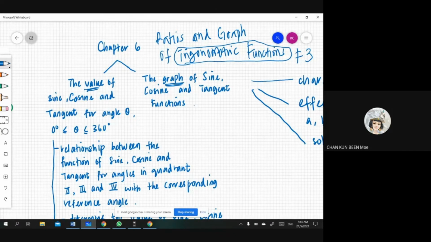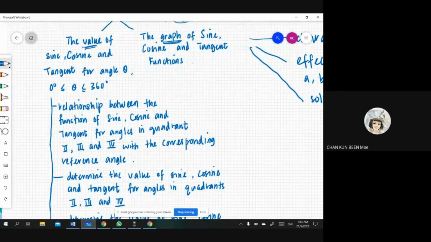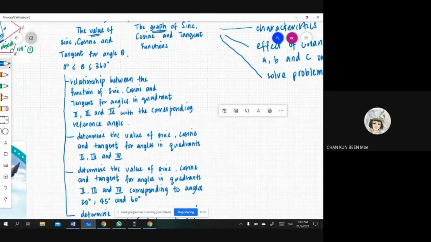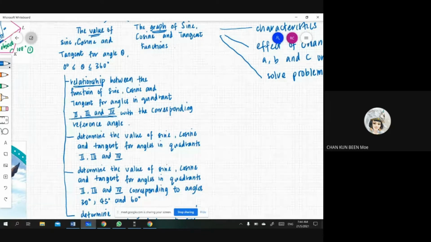Okay, now we enter into the first subtopic over here. You see it's a very long description. So in the first subtopic over here, you are going to learn the relationship between the function of sine, cosine, and tangent for angles in quadrant 2, 3, and 4. Okay, so it will involve 4 different quadrants with the corresponding reference angle.